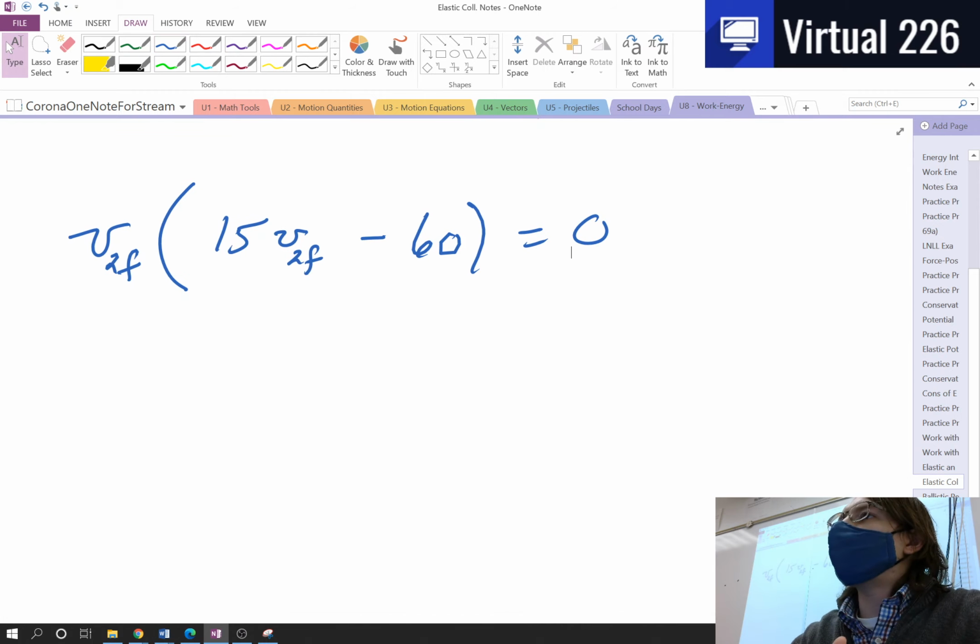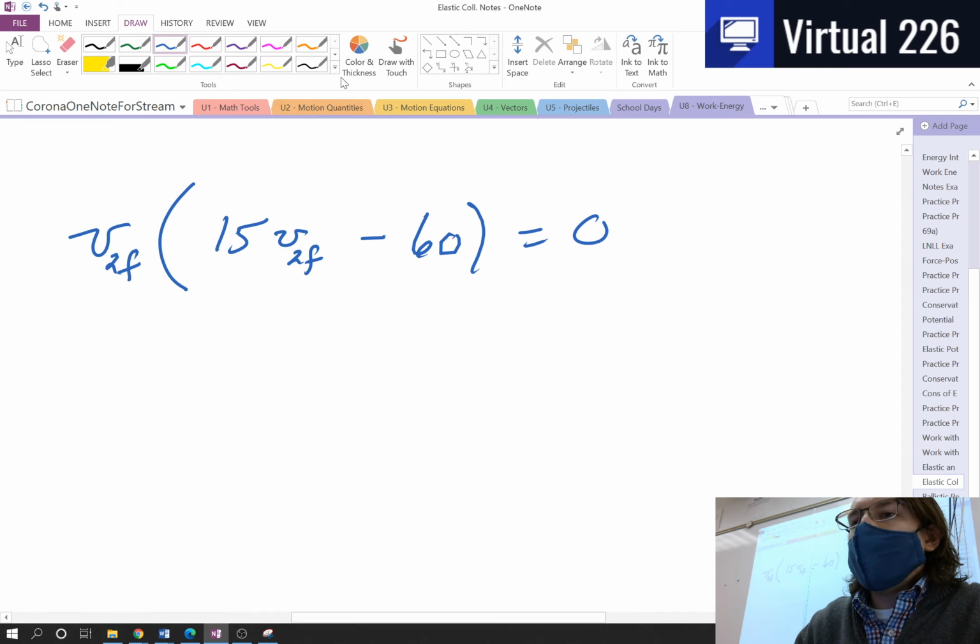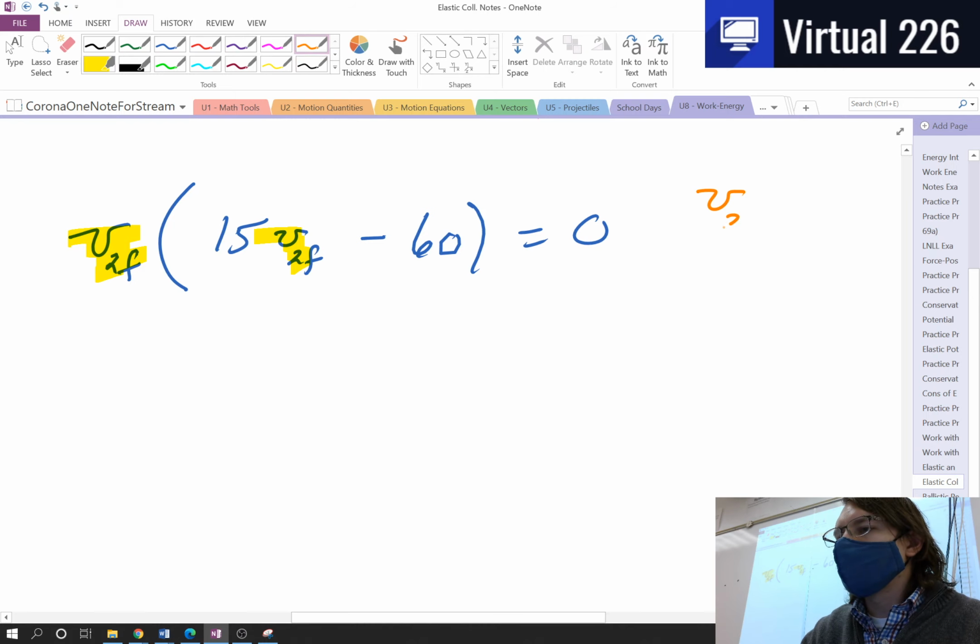Just like a quadratic, there are two solutions here. I'm trying to figure out values for V2F such that when we put them all together, they'll equal 0. Well, one of the values that I could pick is V2F equals 0, because 0 times whatever happens on the inside is still 0.